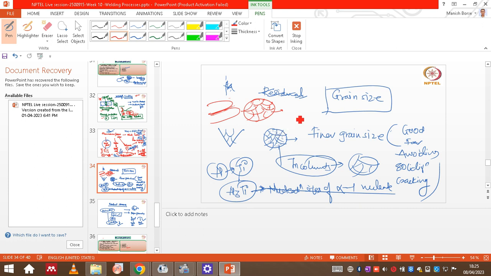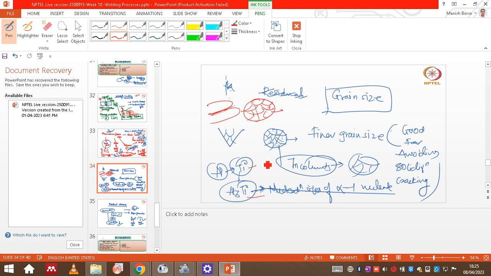Okay, so certain elements can be added in the case of fusion welding processes, which we consider as an inoculant. For aluminum alloys, mostly titanium acts as a nucleating agent. If we add titanium to aluminum in the form of master alloys, it will form Al3Ti, right? This Al3Ti has a certain relationship with the aluminum matrix, so it can act as a nucleating agent for nucleation of finer grains.